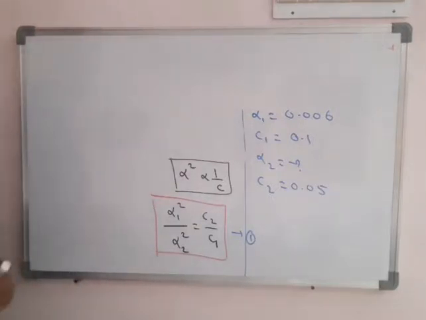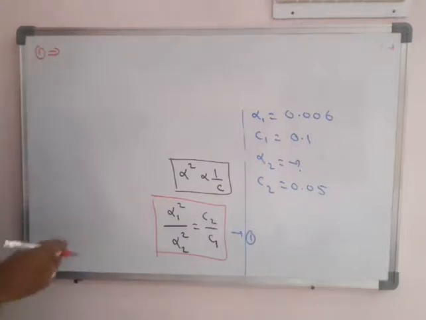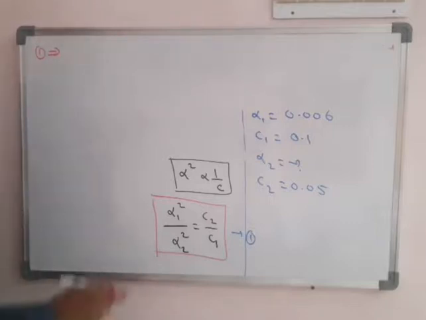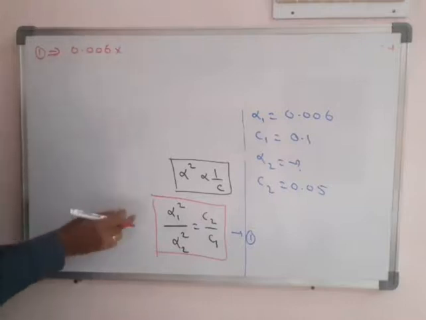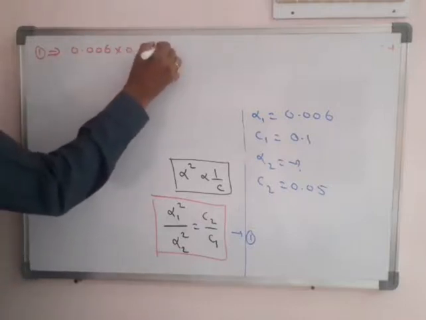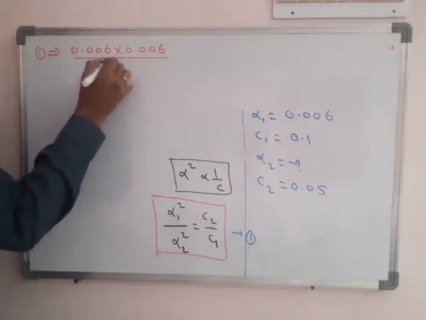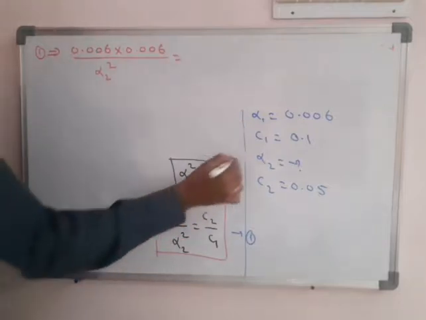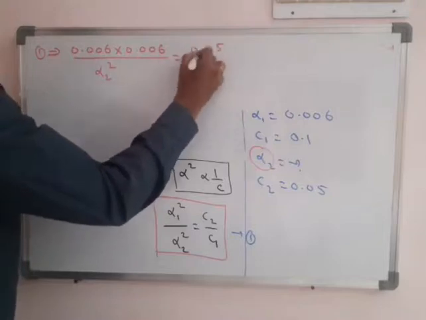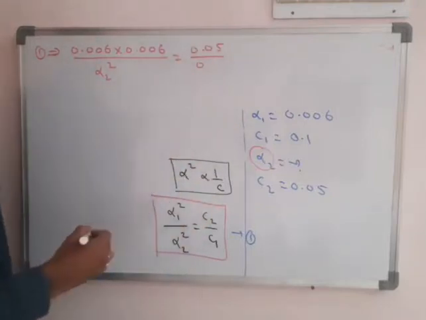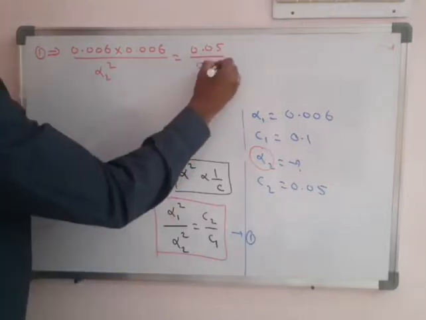Okay, substitute in equation 1. So alpha 1 square means 0.006, and we have to find alpha 2. What is C2? What is the first concentration? It is given as 0.1.